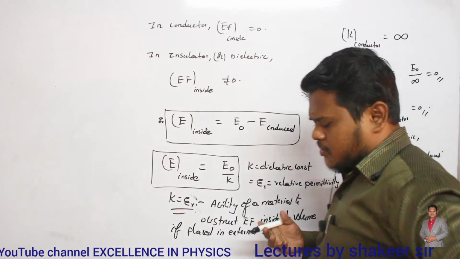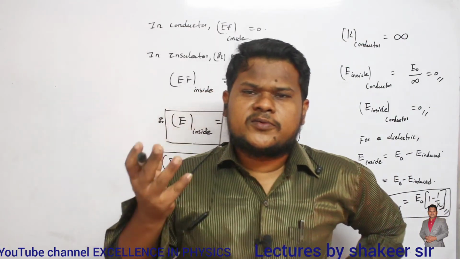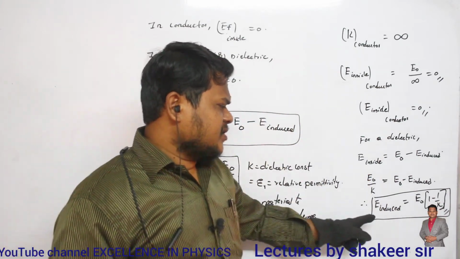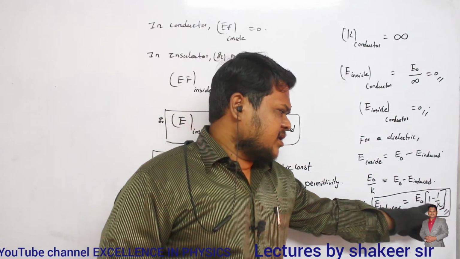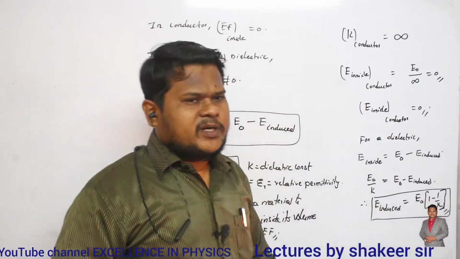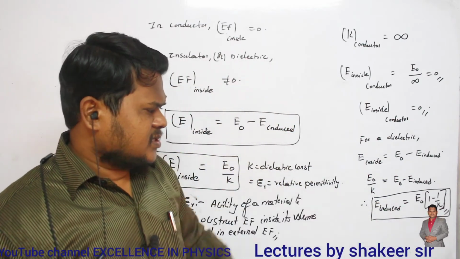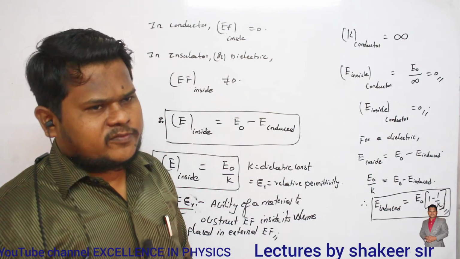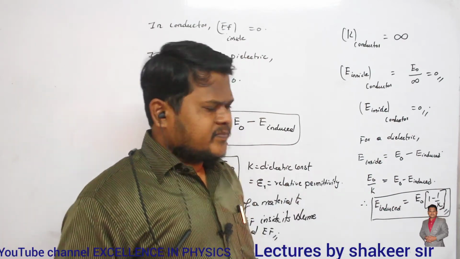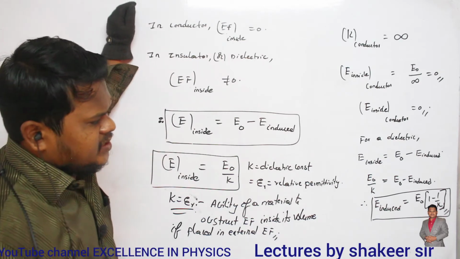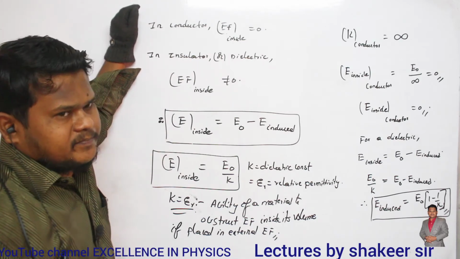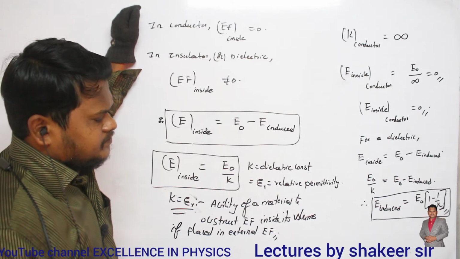This will be the amount of electric field induced in an insulator if it is placed in an electric field of E naught, and K is the K value of that material. That will be the magnitude of the induced electric field. Very, very important relation, make a note of it. E induced is equal to E naught into 1 minus 1 by K. Clear? That's all.